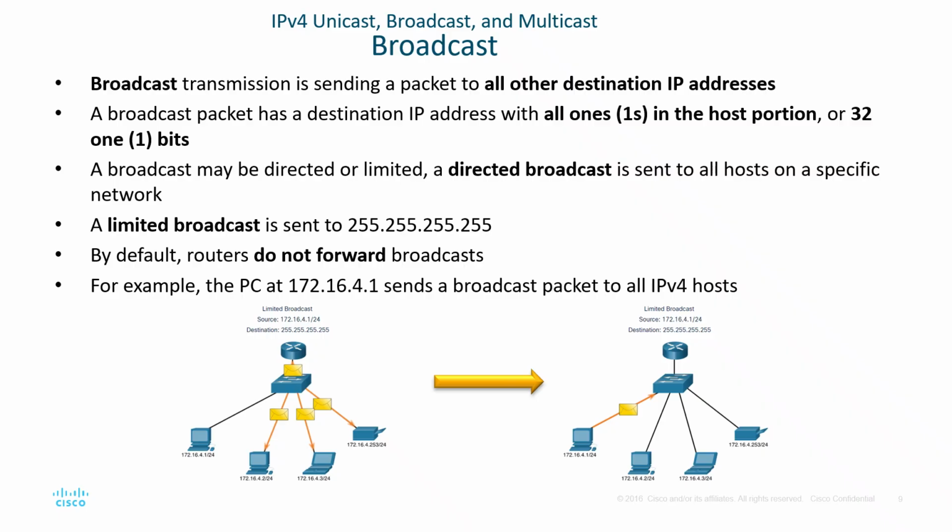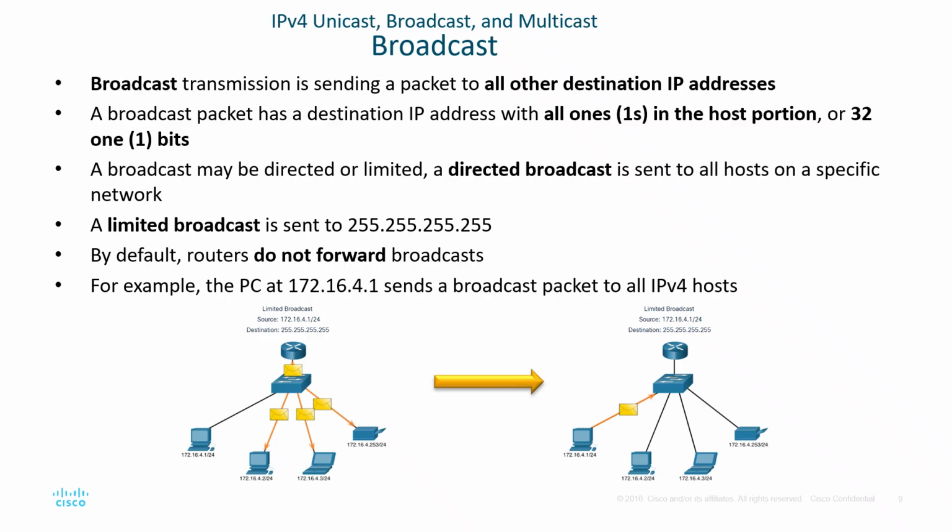A broadcast transmission is sending a packet to all other destination IP addresses. A broadcast packet has a destination IP address with all ones in the host portion or 32 1 bits. A broadcast may be directed or limited. A directed broadcast is sent to all hosts on a specific network.